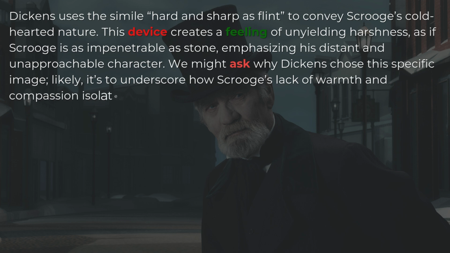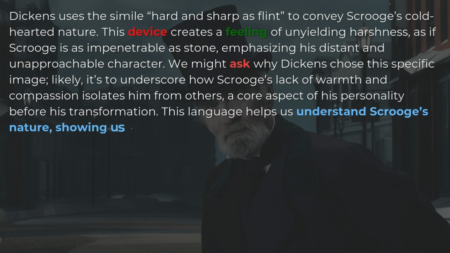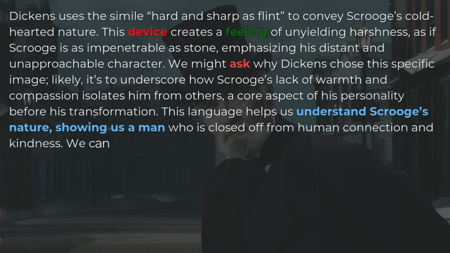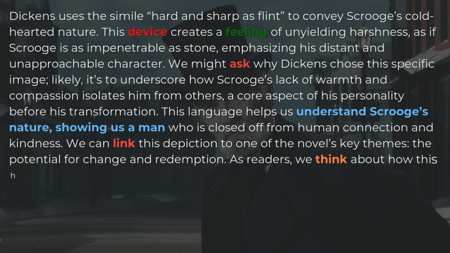Likely, it's to underscore how Scrooge's lack of warmth and compassion isolates him from others, a core aspect of his personality before his transformation. This language helps us understand Scrooge's nature, showing us a man closed off from human connection and kindness. We can link this depiction to one of the novel's key themes, the potential for change and redemption.